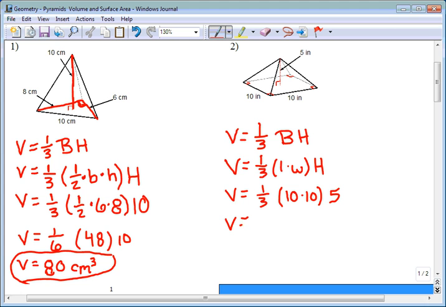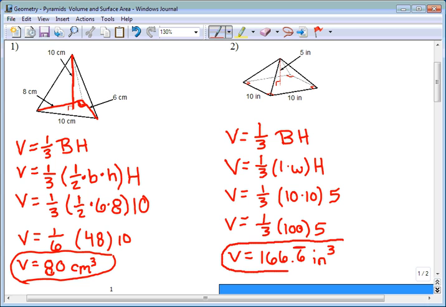So again, I could just punch this in my calculator at this point. It's easy for me to say 10 times 10 is 100. So I want 1/3 of 500 because I know that 100 times 5 is going to be 500. So when I punch that on my calculator, I get 166.6 with a line over the top inches cubed for my total volume.